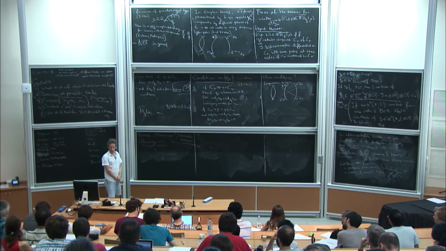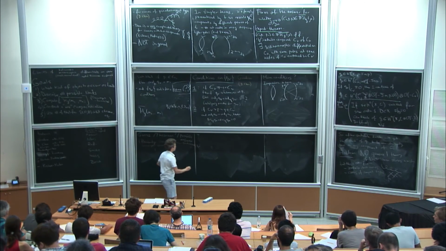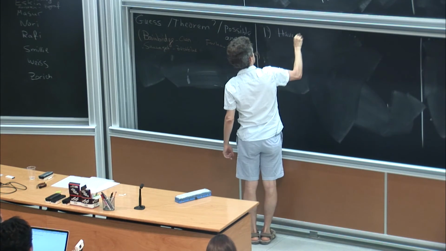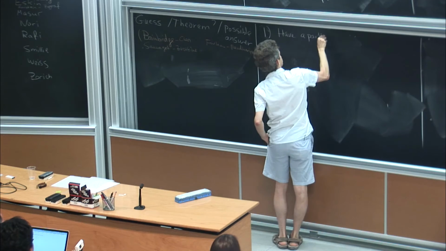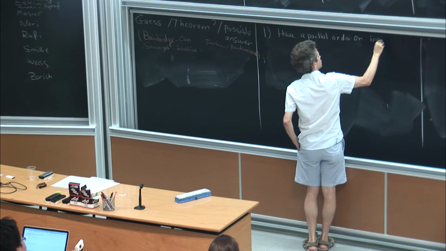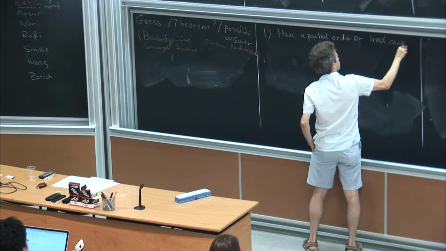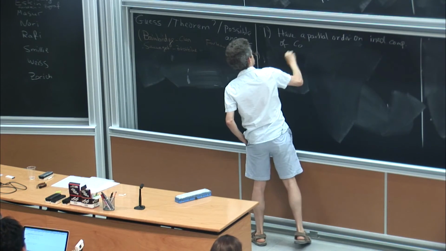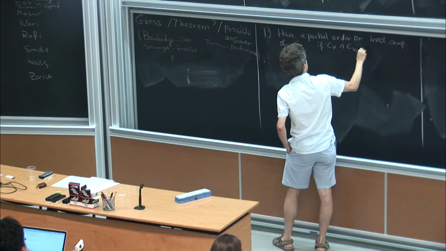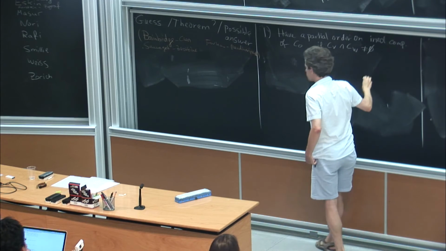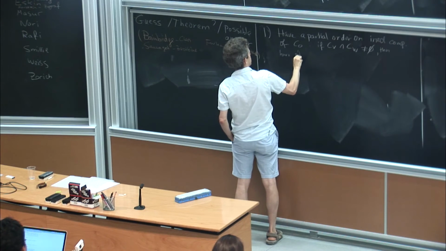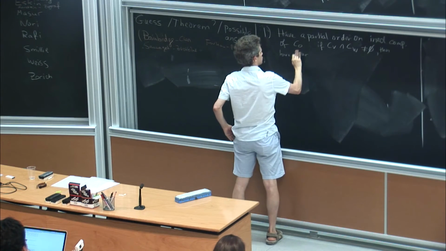So let me try to say what the conditions are. First, we have a partial order on the irreducible components of the dual graph of C0, which says that if C_v intersects C_w non-trivially, then we can compare them.